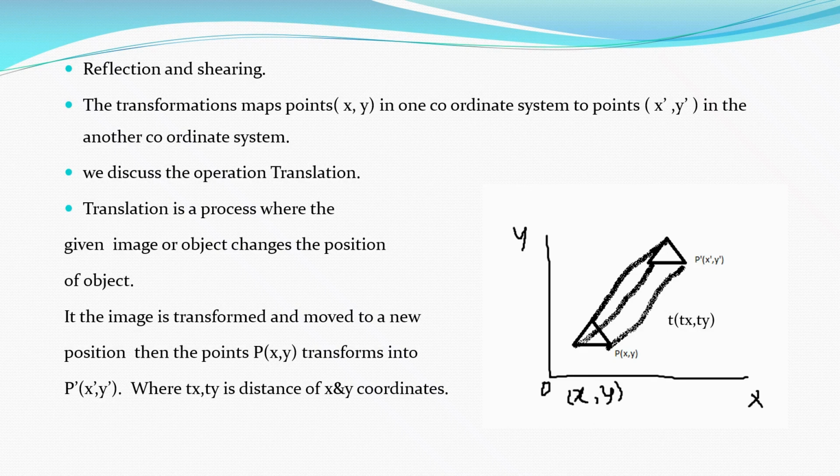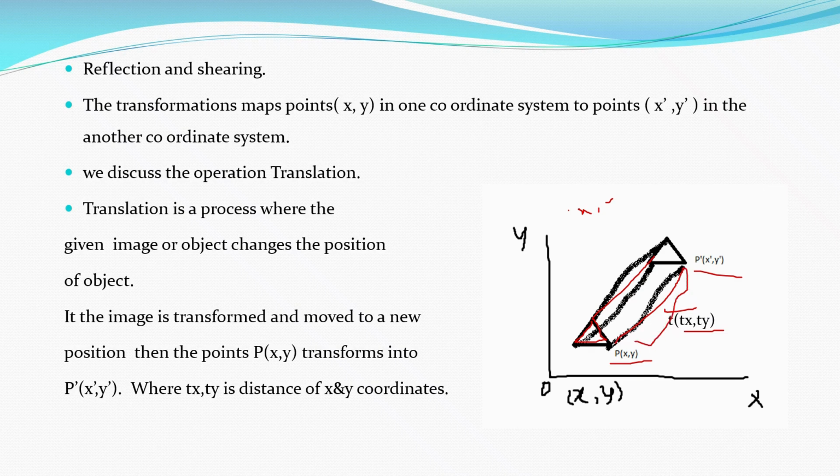Here, the first figure is in this coordinate system, indicated by P of xy. It is two dimensional, which is why we take x and y coordinate values. The change of position is represented by T of xy, which gives the distance or change of position.